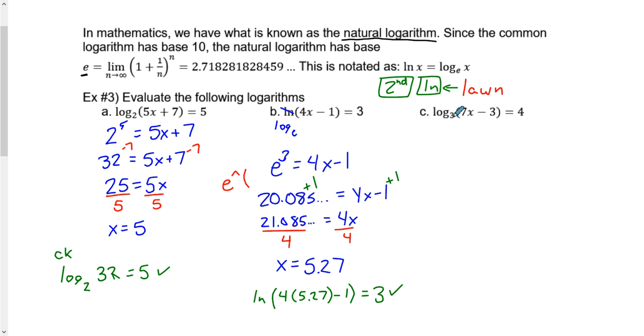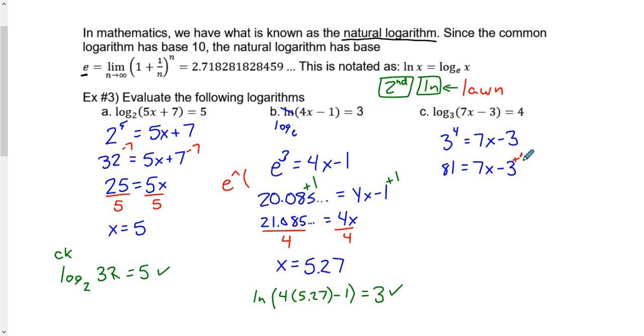Let's keep on going. Sorry, not e. 3 to the power of 4 equals 7x minus 3. 3 to the power of 4 is 81, equals 7x minus 3.